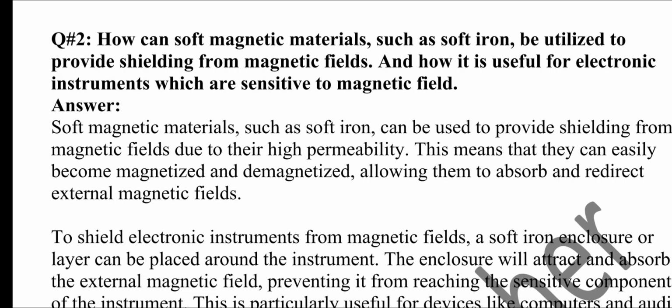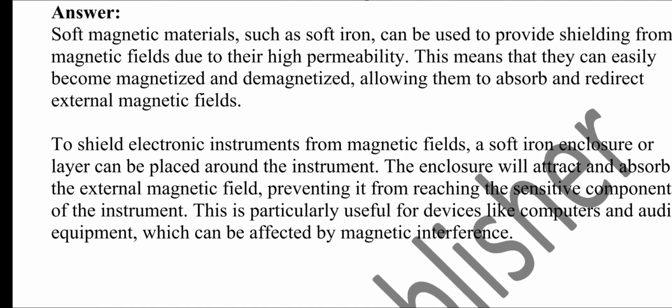Question number 2. How can soft magnetic materials such as soft iron be utilized to provide shielding from magnetic fields, and how is it useful for electronic instruments which are sensitive to magnetic fields?